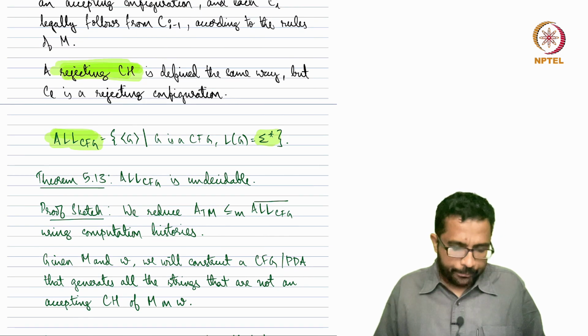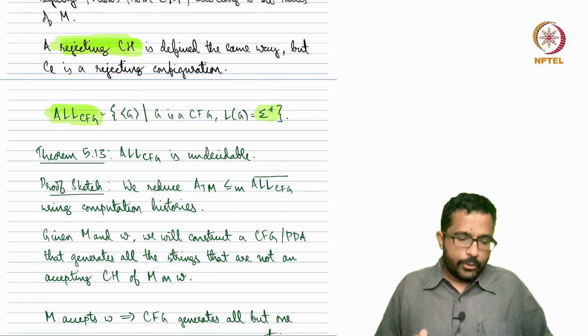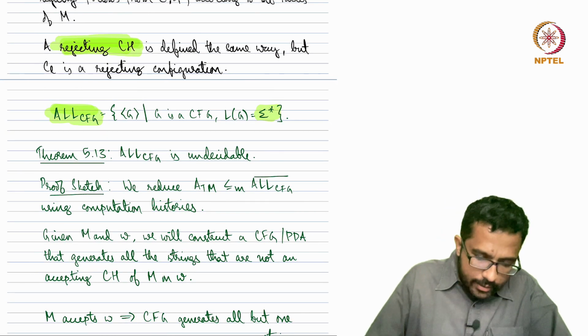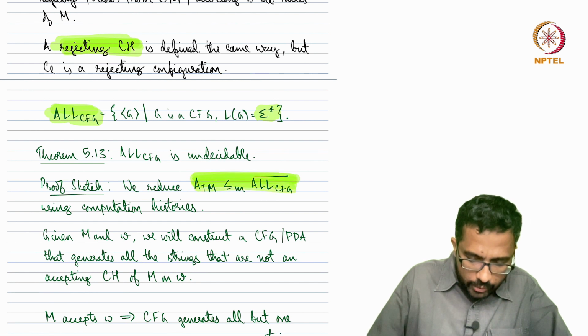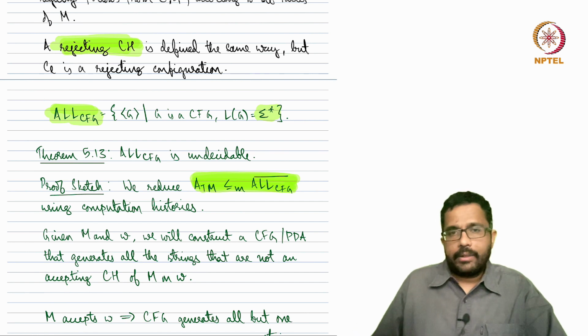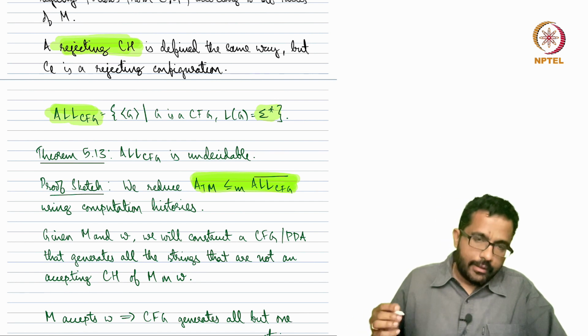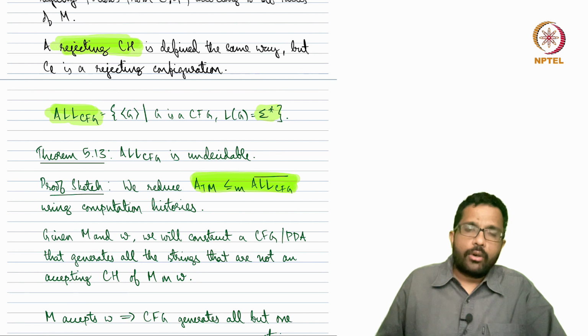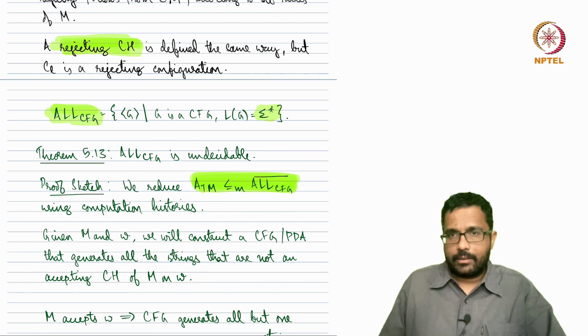Let's see why. We will reduce ATM to ALL-CFG complement. If I reduce ATM to ALL-CFG complement, this implies that ALL-CFG complement is undecidable.